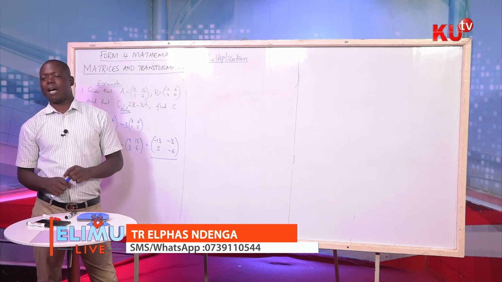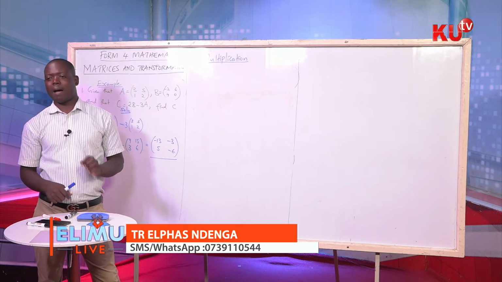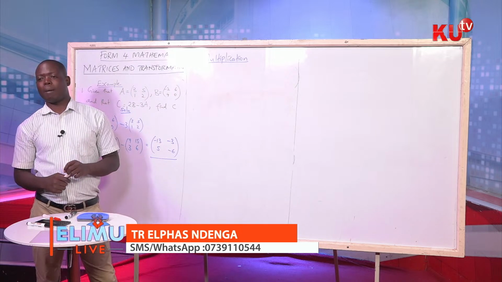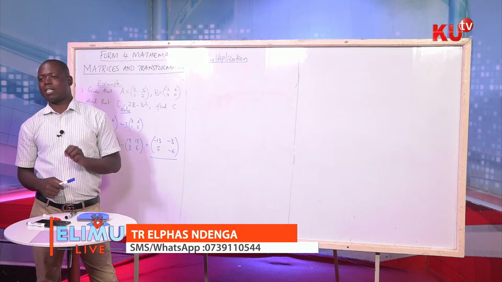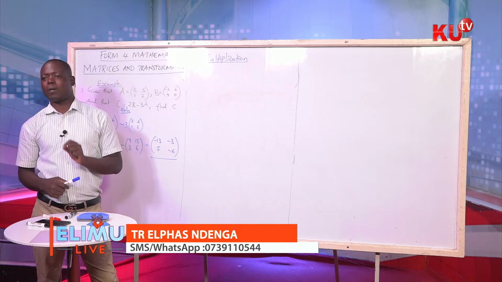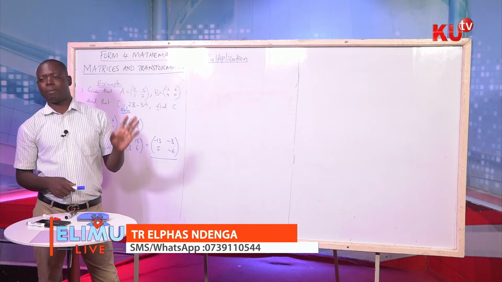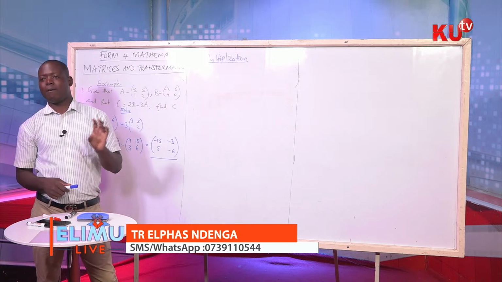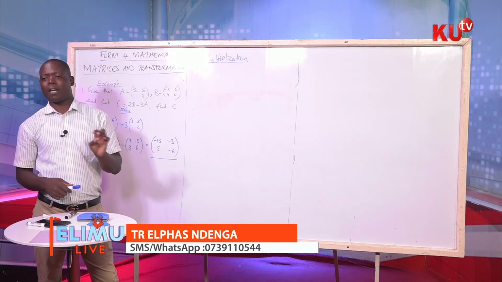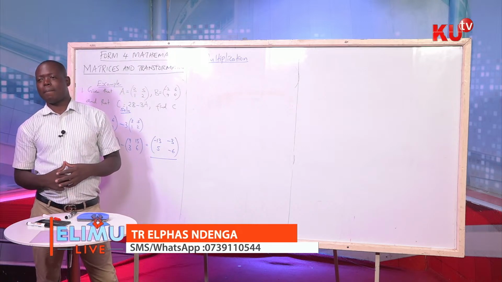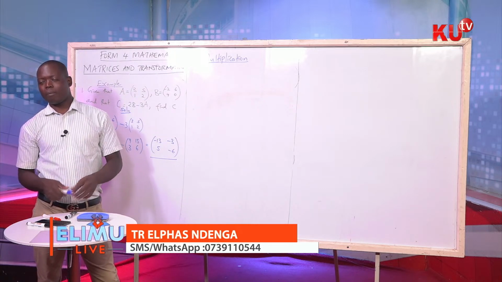The result of adding is the sum, the result of subtracting is the difference, and the result of multiplying two or more numbers, students, is what we call the product. Therefore, under multiplication, the language will be find the product, meaning multiply those two or three matrices that you've been given.